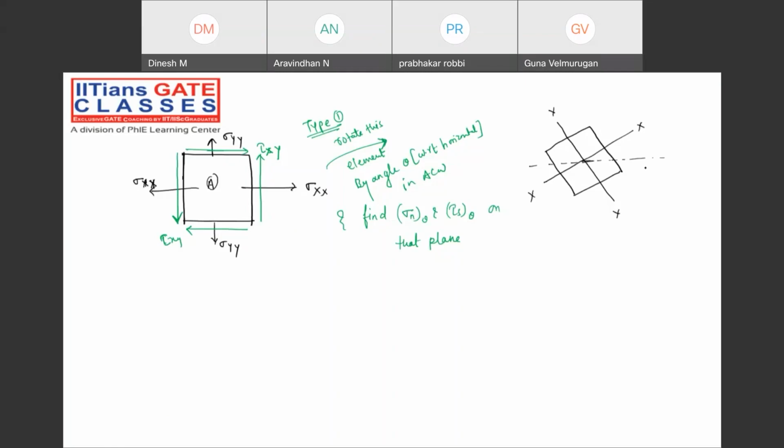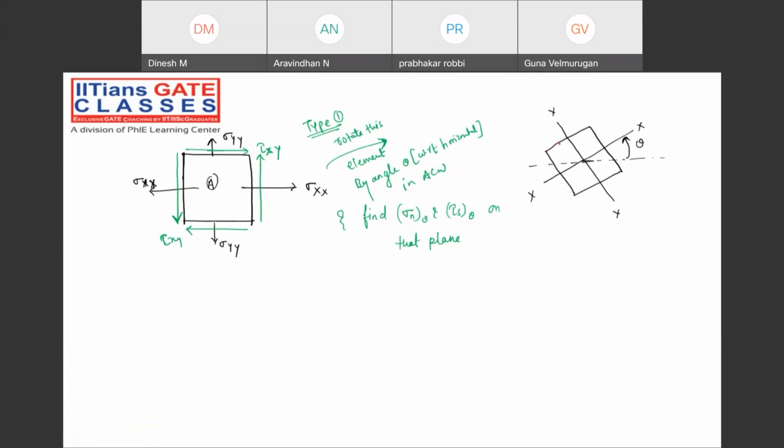I am rotating this element by the angle theta, and I'm asking you what will be the values of normal stress and shear stress at a particular plane which has been rotated by the angle theta.